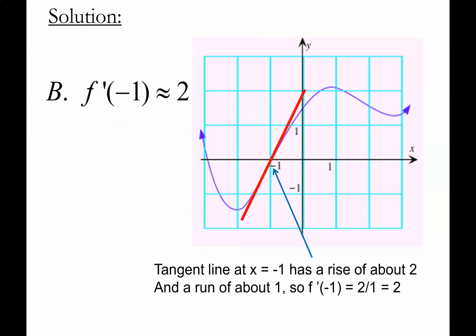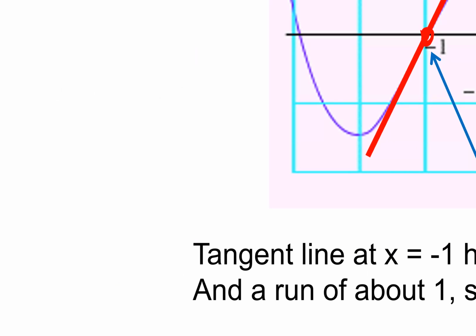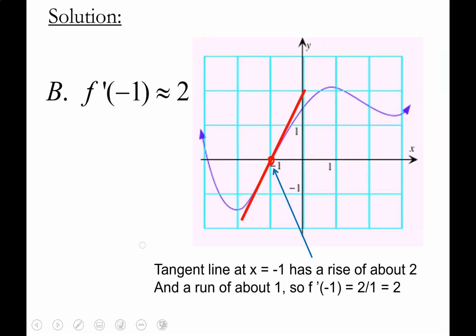A little tougher when we get here, f prime at -1. Here's your -1. Let me see about changing some colors here. Okay, so what I did was, again, at this point, -1, I did my best to create a tangent line. So this red line is tangent to this blue or purple f of x curve there.